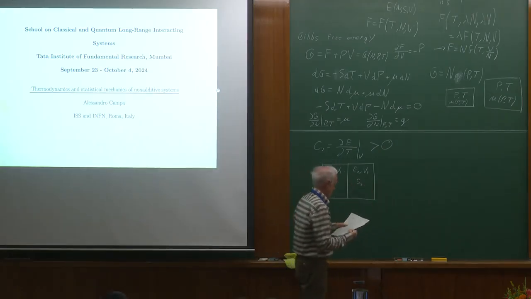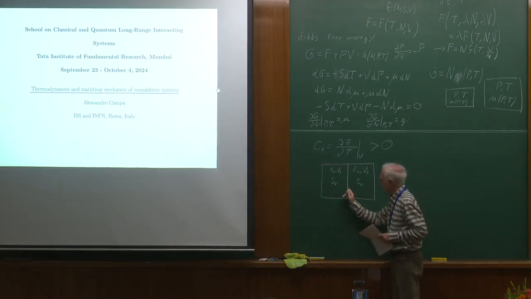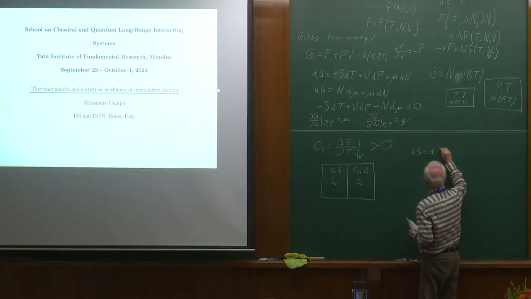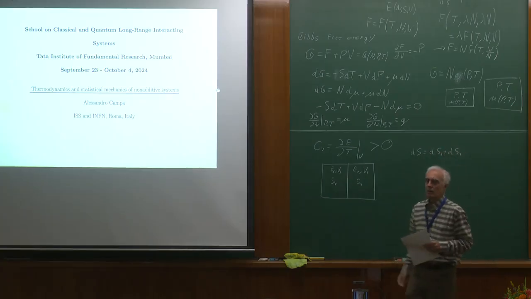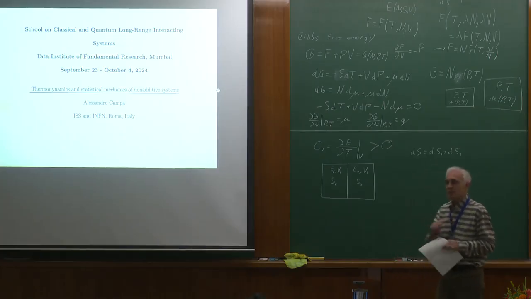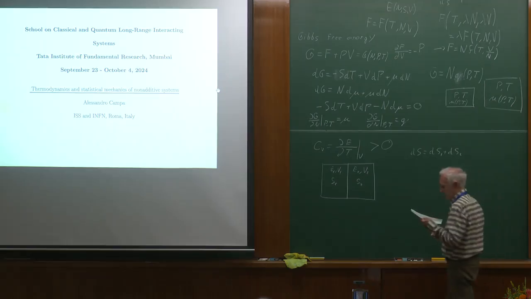So let's see how the system behaves with respect to perturbation on this separation. So the specific heat is positive, within the canonical ensemble, for short-range systems, it is always positive. And it comes from this kind of calculation.